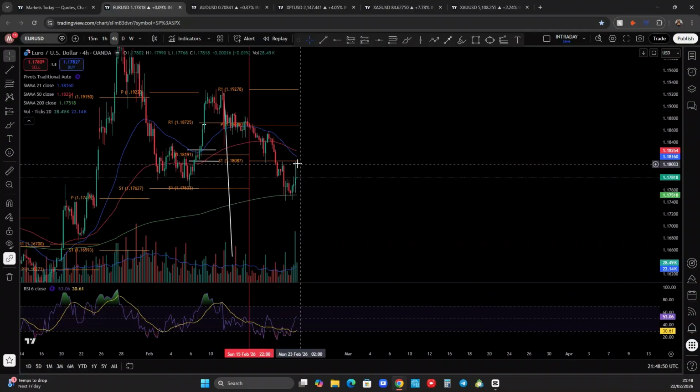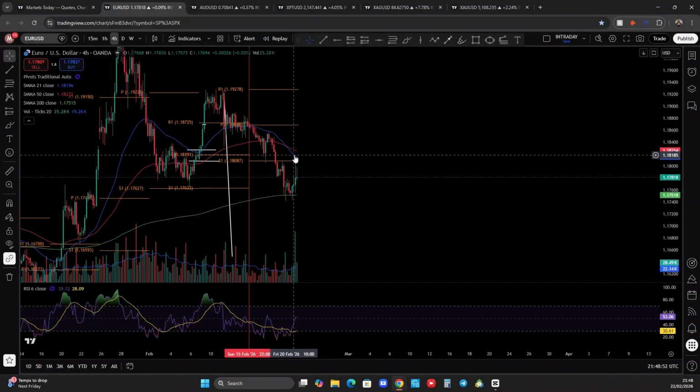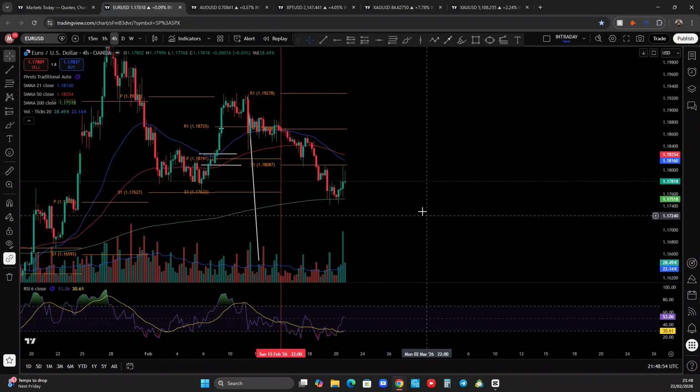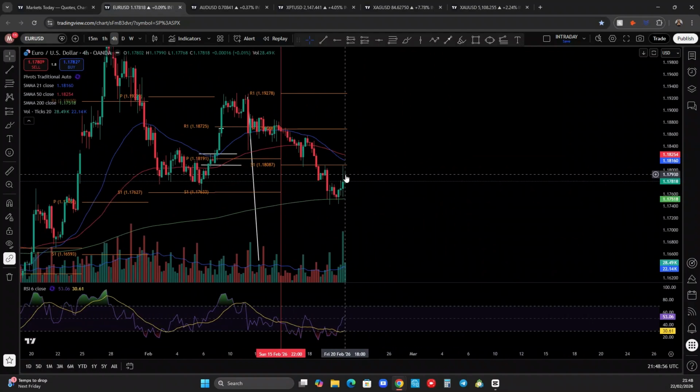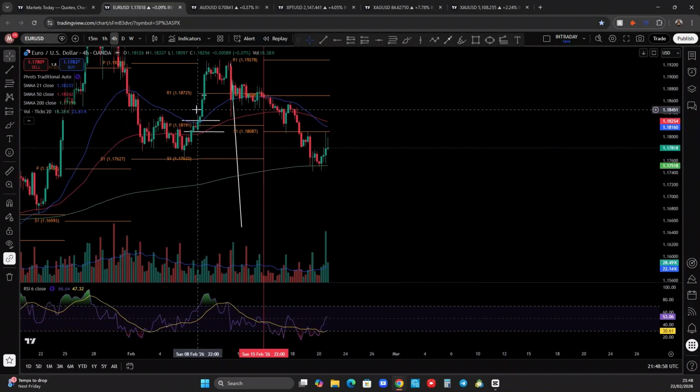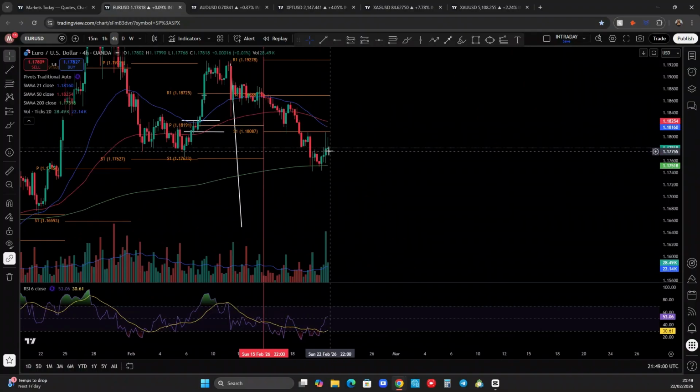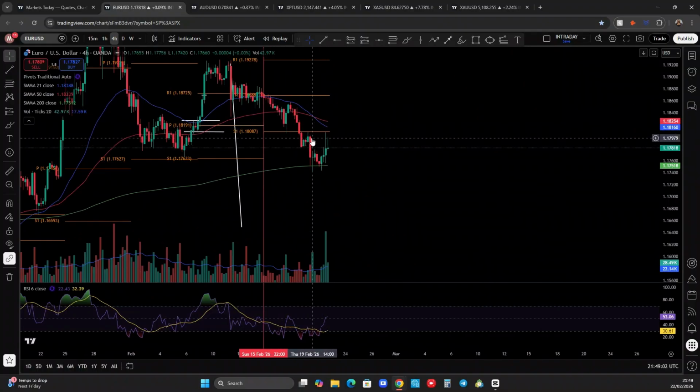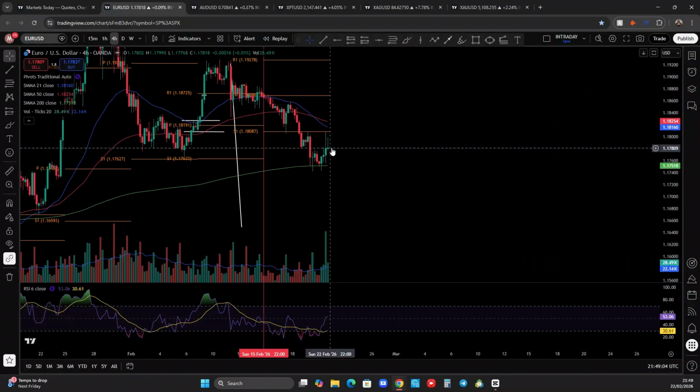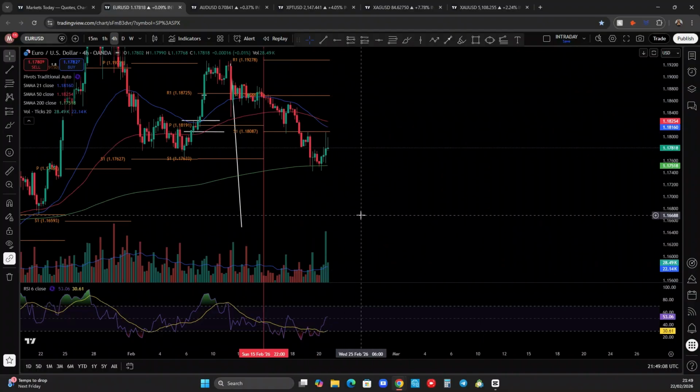A slight pullback, and as you can see, there's some resistance here and here. So my assumption is that the market is looking like it wants to continue to the downside, right?